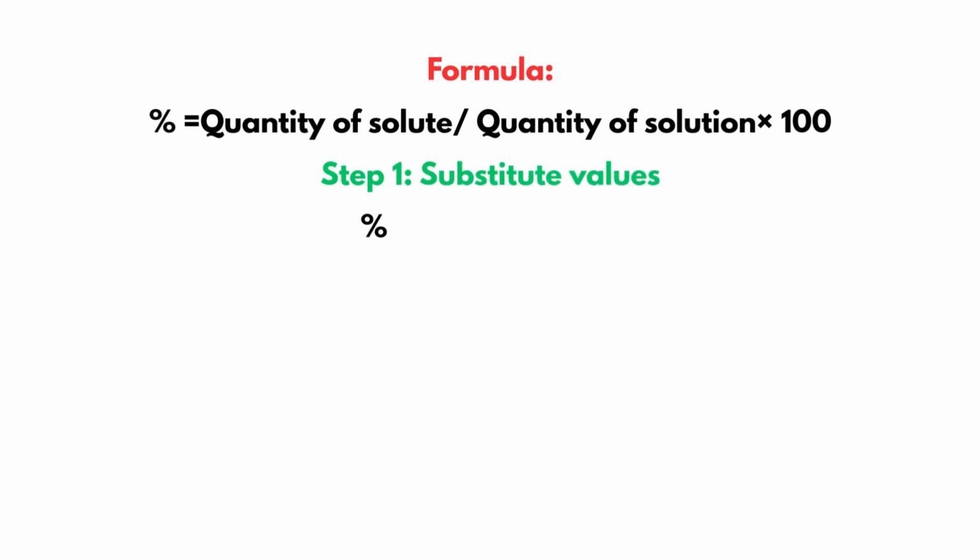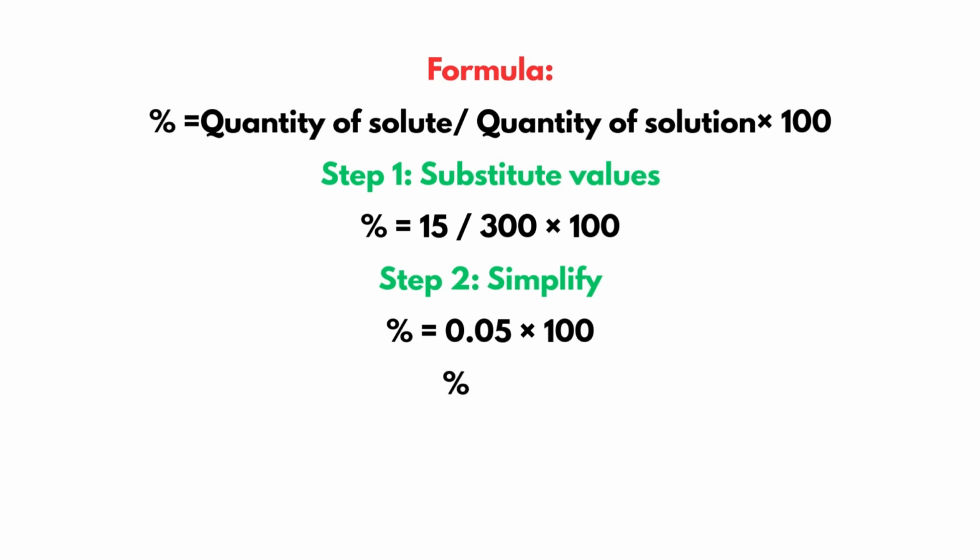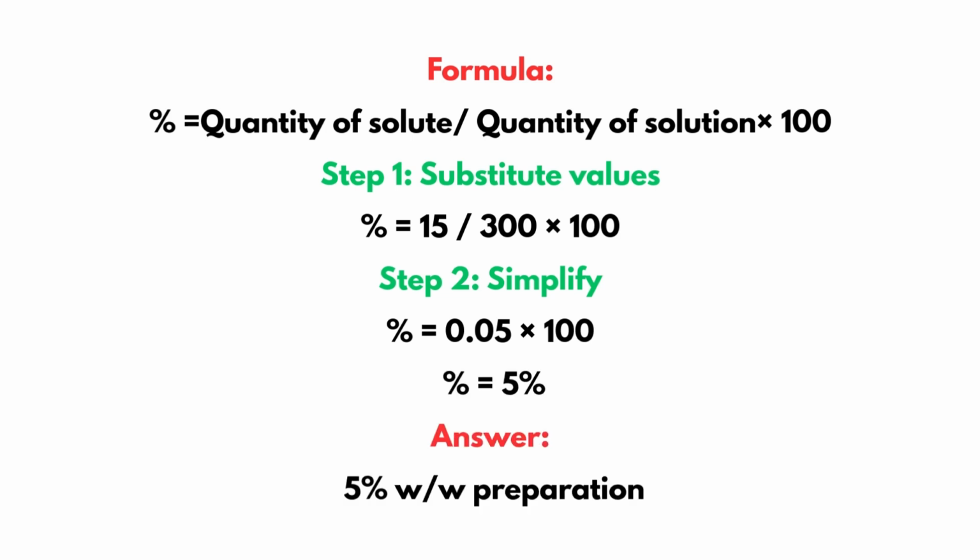In place of quantity of solute you will write 15 gram. In place of quantity of solution you will write 300. Now after calculation you will get 5%. So 5% is the percentage strength. So when 15 gram of drug is present in 300 gram of preparation, the strength will be 5%.